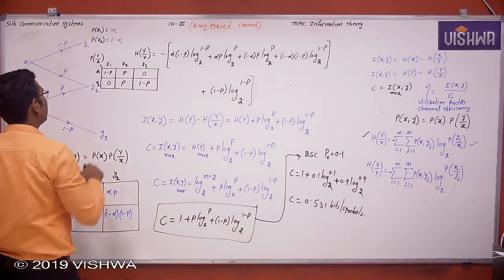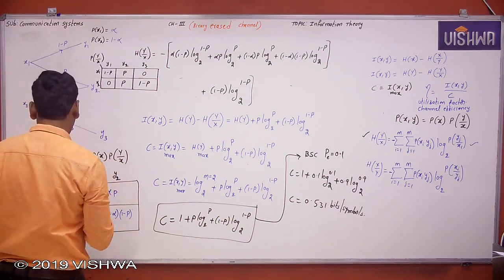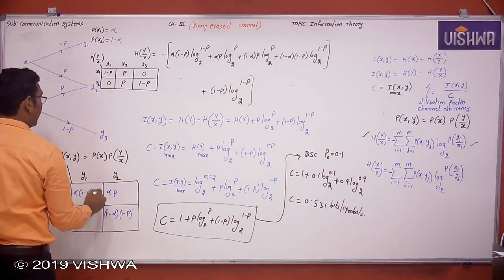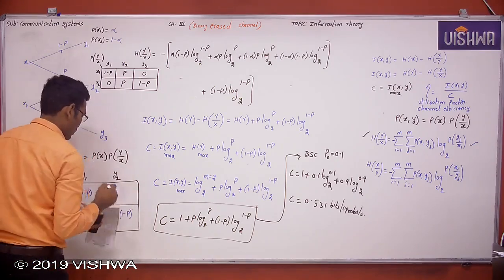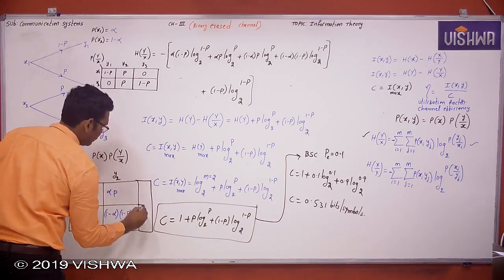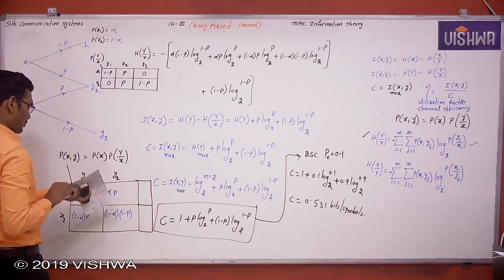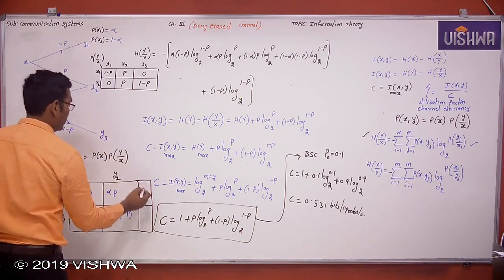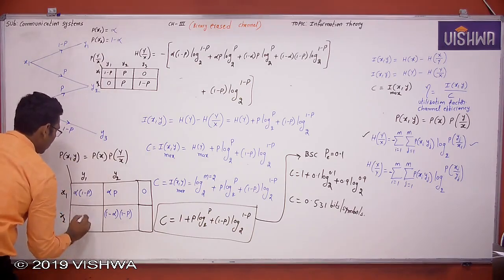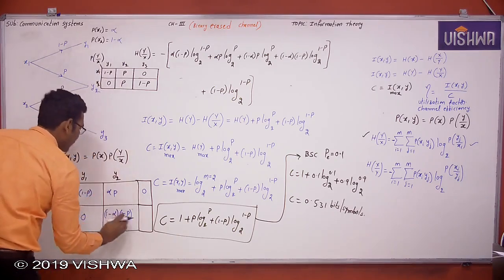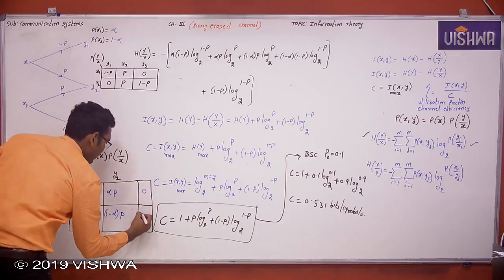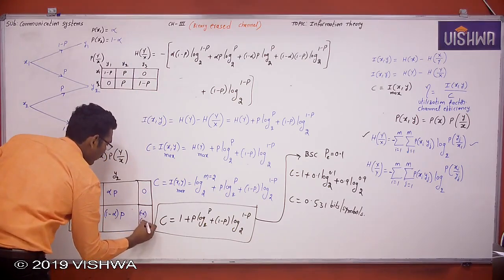Okay, so now this is a binary erasure channel. Now this is the joint probability. What is the joint probability? Alpha into 1 minus p, alpha into p. Another case is also coming here: alpha into 0, this is 0. 1 minus alpha into 0, this is 0. 1 minus alpha into p, 1 minus alpha into 1 minus p.